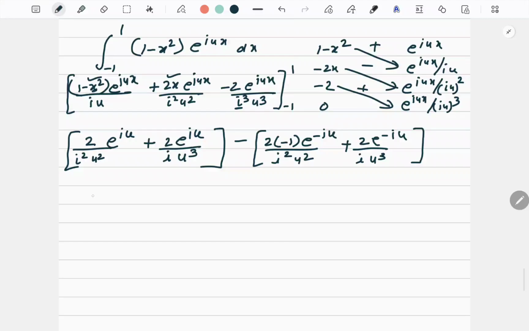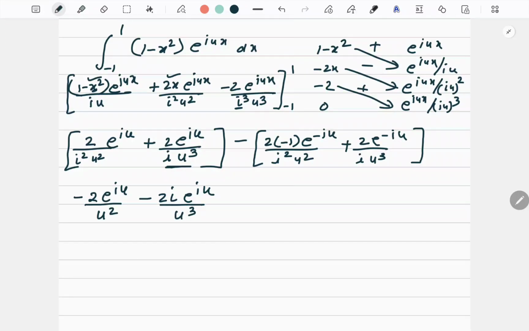Now let me simplify this. Here if you observe, it is 2 e to the power iu upon u square, and i square is minus 1. We don't prefer to have i in the denominator. So this term I will multiply and divide by i. If I multiply and divide by i, the denominator becomes i square, which is minus 1. So in the numerator 2i e to the power iu upon u cube.